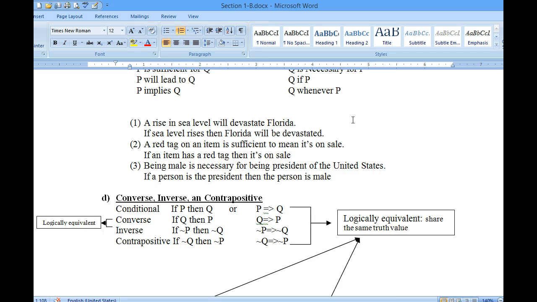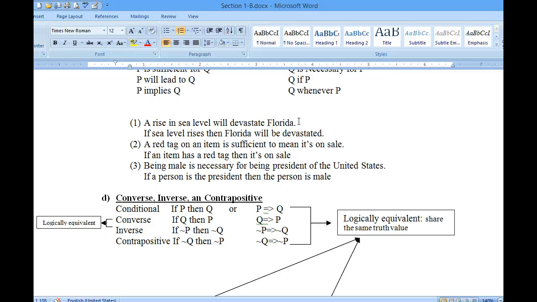So if we have a statement, a rise in sea level will devastate Florida, I want to rewrite this as an if-then statement. It's already in the order, so I have the hypothesis first, conclusion second. So I can write it, if the sea level rises, then Florida will be devastated.